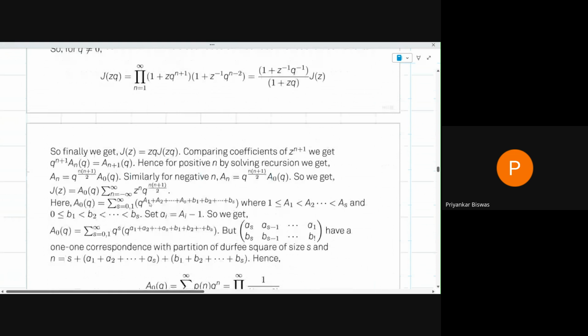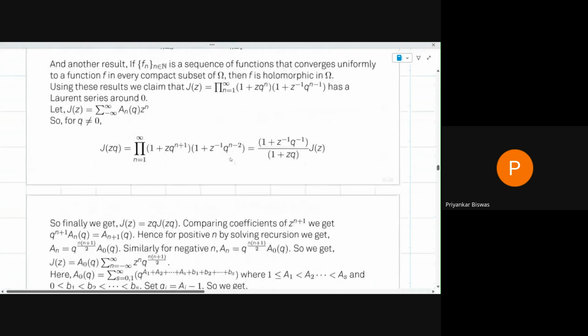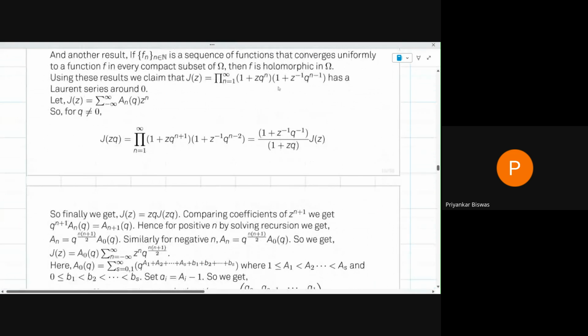So the coefficient a0q will get this: q to the power, sum over s equals 0 to infinity, q power a1 plus a2 plus dot dot up to as, b1 plus dot dot bs, where the a parts come from the coefficient of this, and the bi's part comes from the coefficient of this.